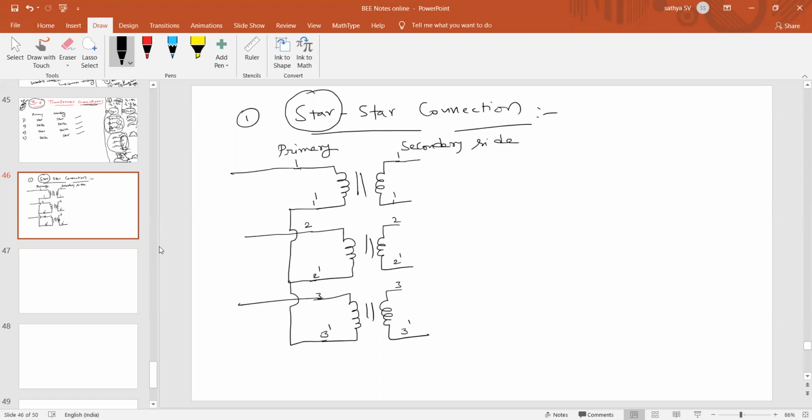That's why I'm joining all similar secondary ends. Is it clear on the primary side, star connection? This is where you can give your supply R, Y, B by dragging them outside. Understand the primary side connection?